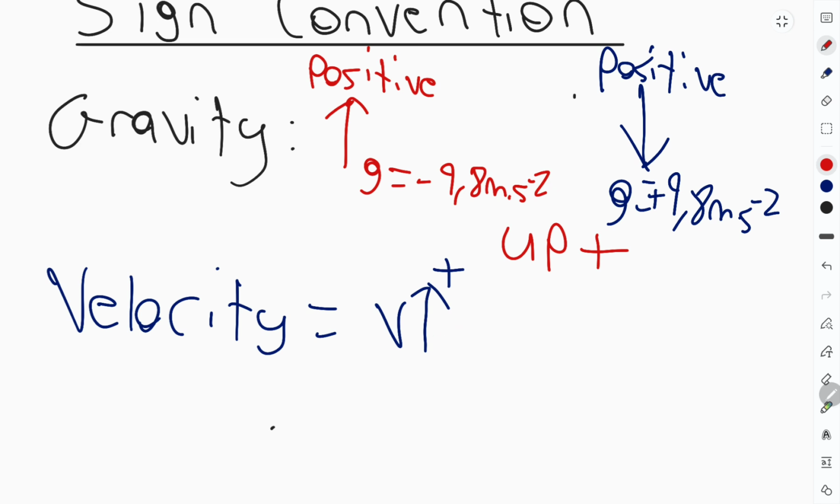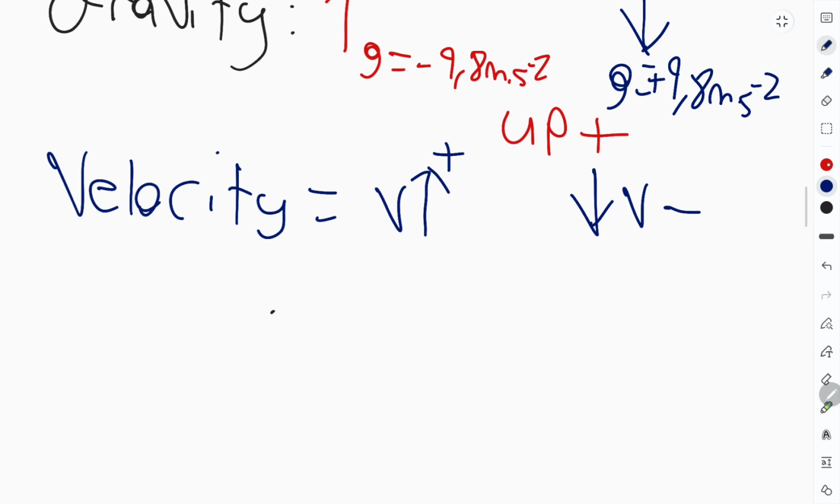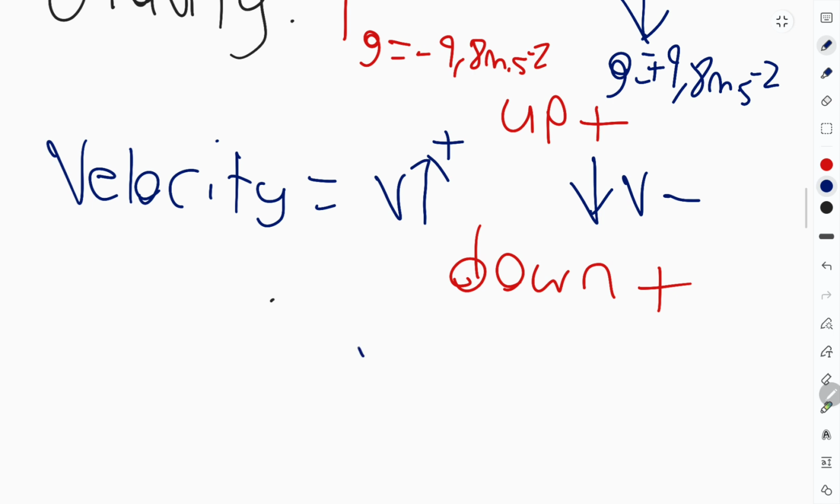But that would mean that when my ball is going down, my velocity going down will definitely have to be negative. But if I choose down as positive, my velocity going up I will substitute as negative, and my velocity going down will have to be positive.